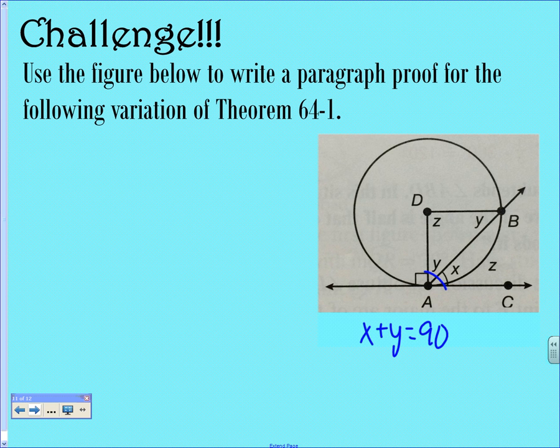Okay. Do we know that Z is a right angle? We really don't. So it's just isosceles. Okay. So Z plus 2y equals 180.